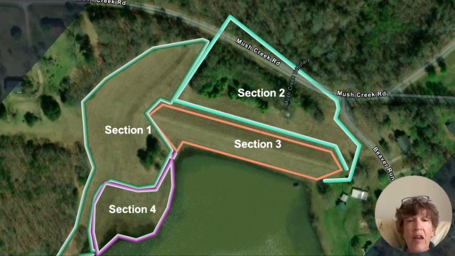Section 4 is a wet meadow near the lake. Section 2 has the riparian corridor of Mush Creek, and it's also the edge of a forest, so you have the forest edge species, and it has about 30 Callery pears.